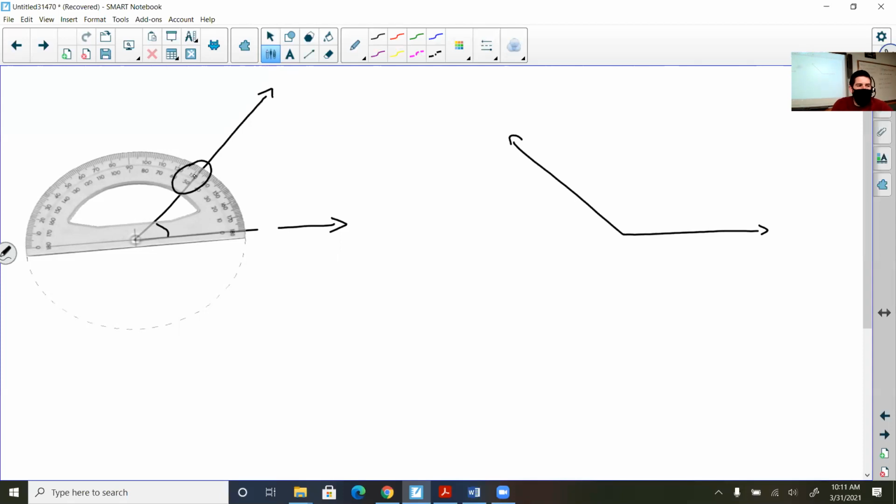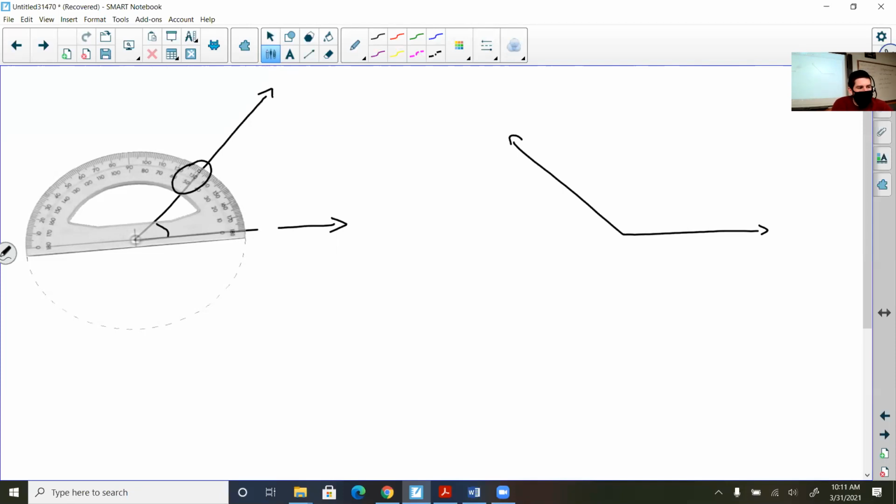So I have to decide which of these two measurements makes the most sense. Well, this is definitely an acute angle, so it's going to be less than 90 degrees. So looking at this 130, that doesn't really make any sense, because 130 degrees should be more than 90, so it should be obtuse. So you ignore the outside track and you look at the inside.